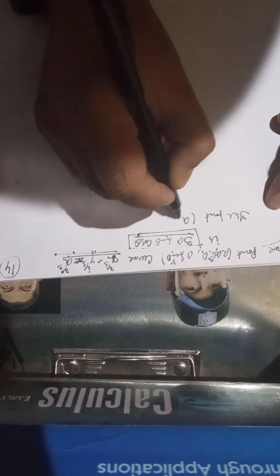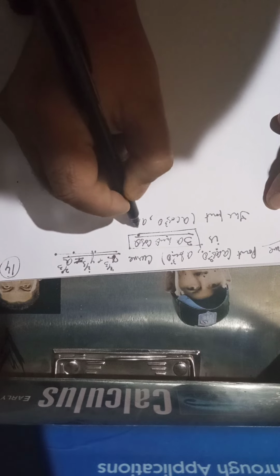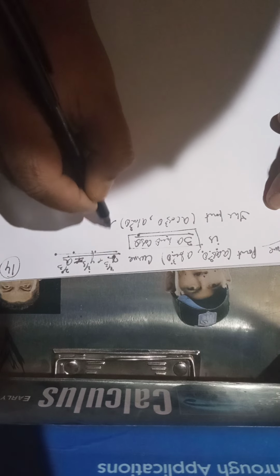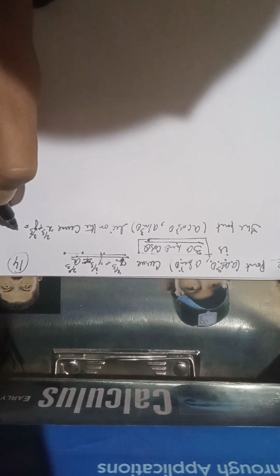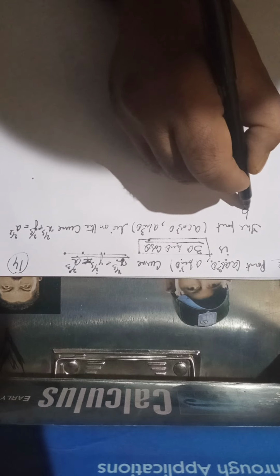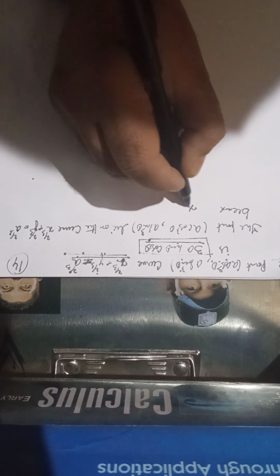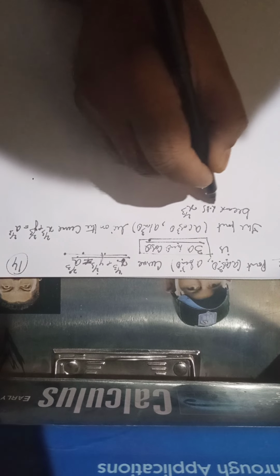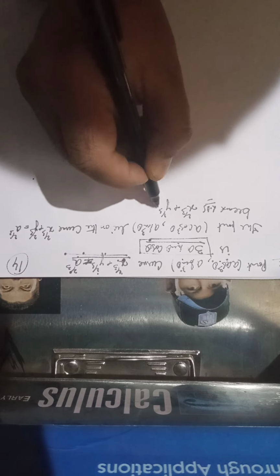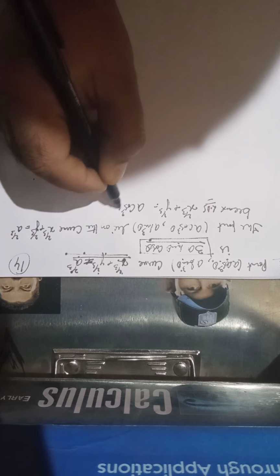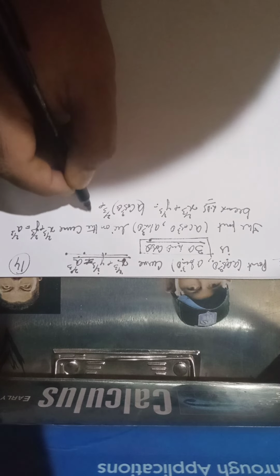The point (a cos³ θ, a sin³ θ) lies on the curve x^(2/3) + y^(2/3) = a^(2/3) because the left hand side, x^(2/3) + y^(2/3), is (a cos³ θ)^(2/3) + (a sin³ θ)^(2/3).